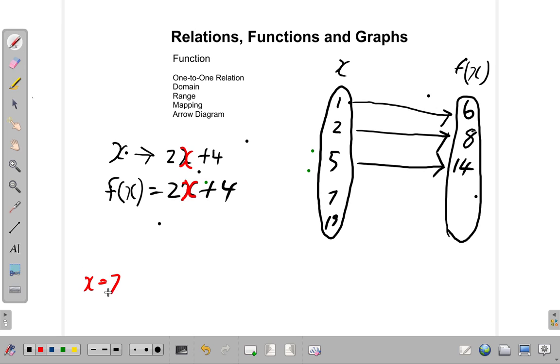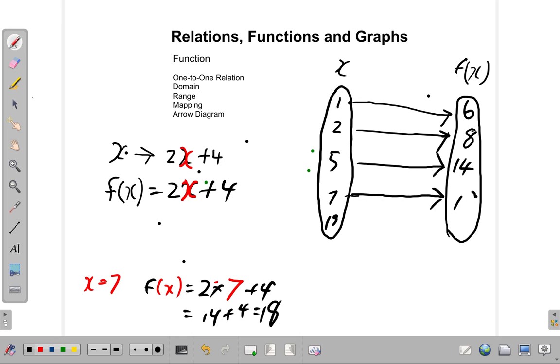Then f of x is equal to 2 times 7, which is the x, plus 4. 2 times 7 plus 4, because x is now 7, which is 14, plus 4 will give you 18. So 7 is mapped onto 18.